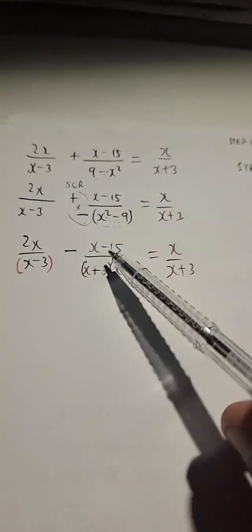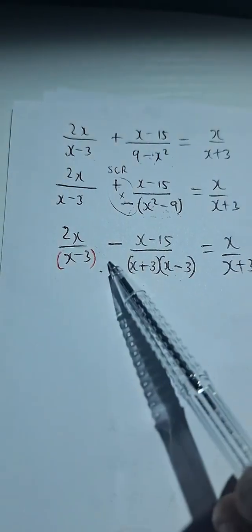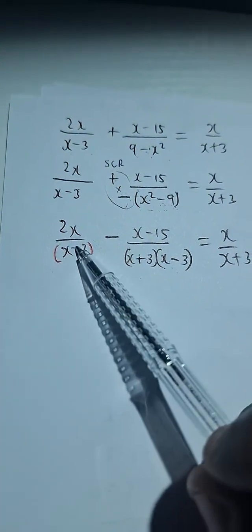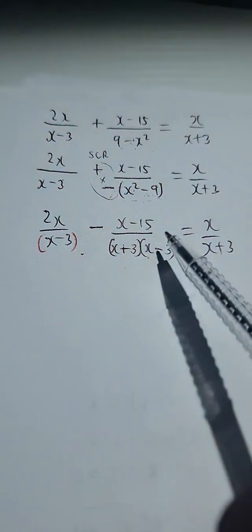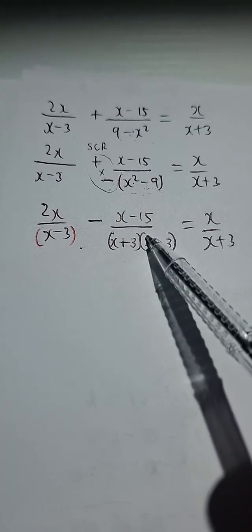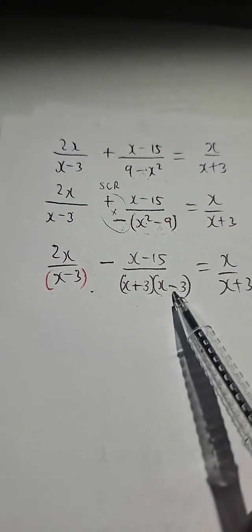We can see, for instance, that for the common base with the highest exponent, the ones that are common, x minus 3 is a common base. It is a binomial but a monomial when it is in brackets. So this is a common bracket. It is shared with this x minus 3. So we only go and write down as our LCD x minus 3, and we write it once because x minus 3 is common.